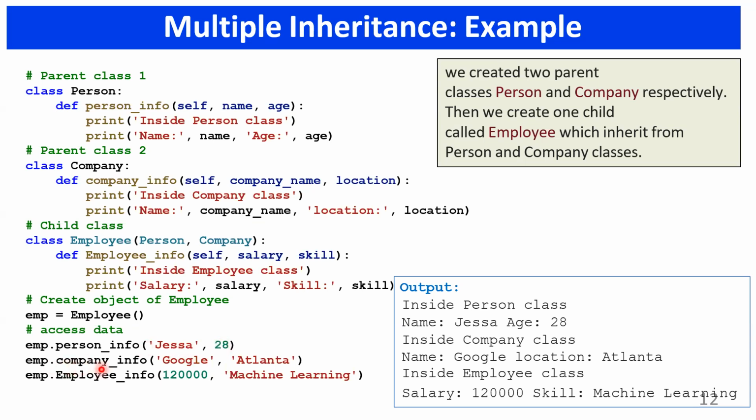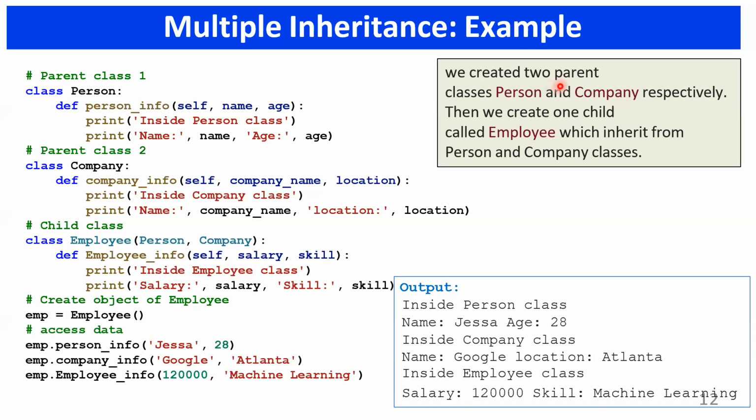And in company_info, we are initializing the company name and location of the employee object, emp object. And in the third method, which is employee_info, which is defined within the child class, we are initializing the salary and skill of the employee.